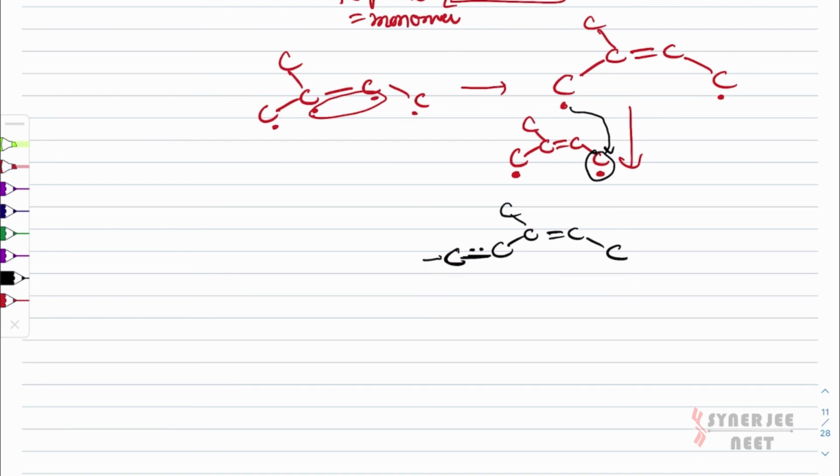And then this is connected to carbon, double bond C, and methyl group is there, and one more carbon is there. Similarly, the other carbon, which is remaining here with a dot, also further reacts with another group.